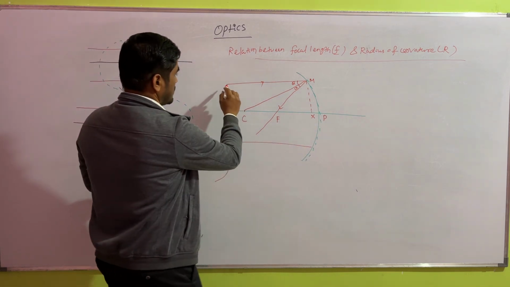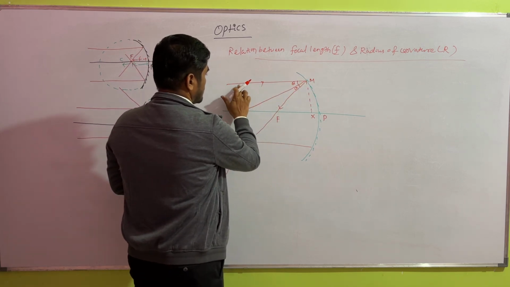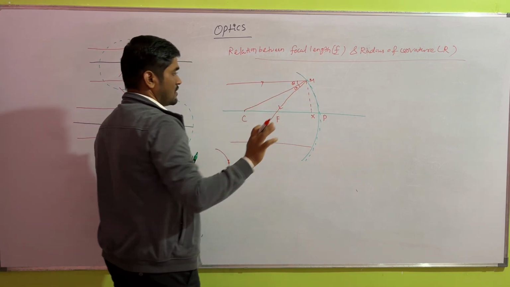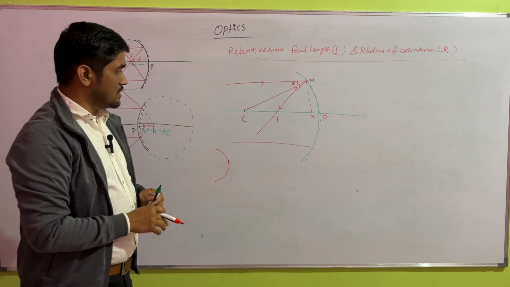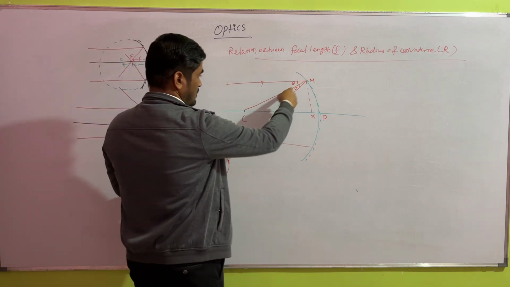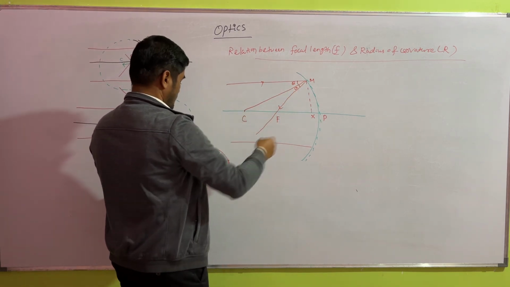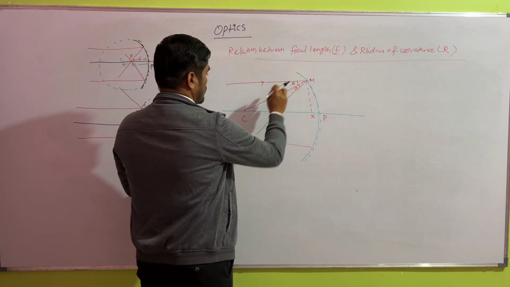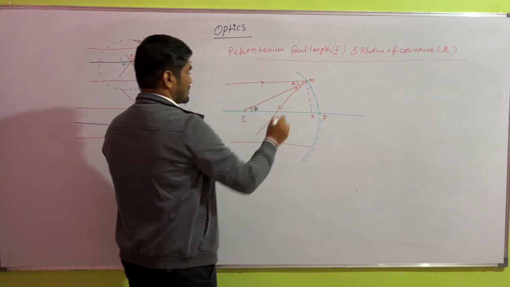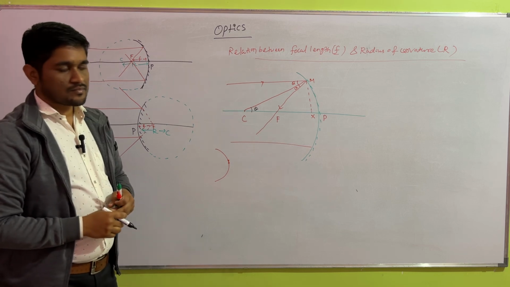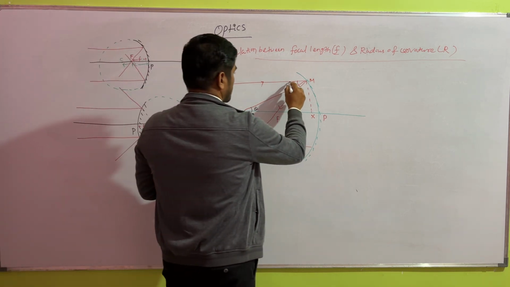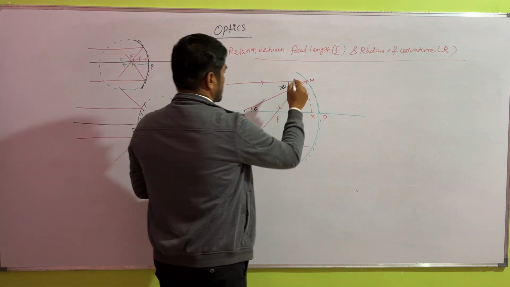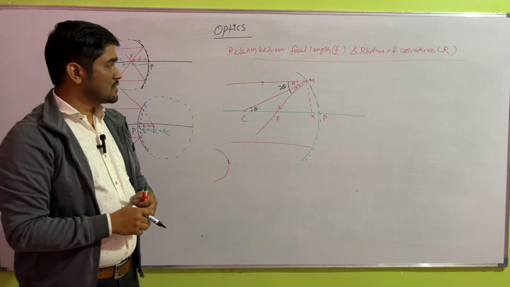So here these two rays, this ray and the principal axis, are parallel to each other, and this intersects the two rays. That's why this angle theta will be equal to theta, and the total angle is twice theta.